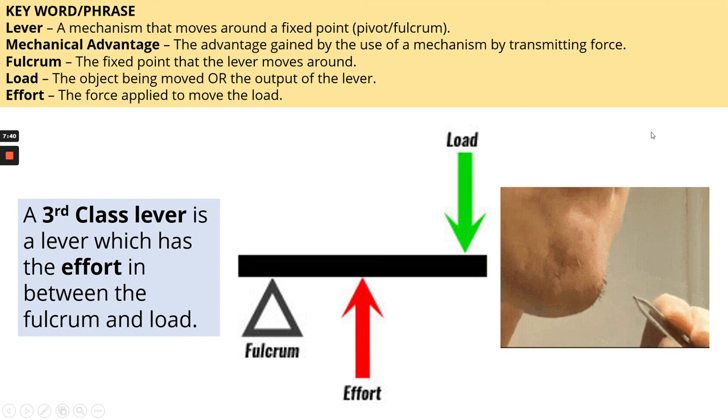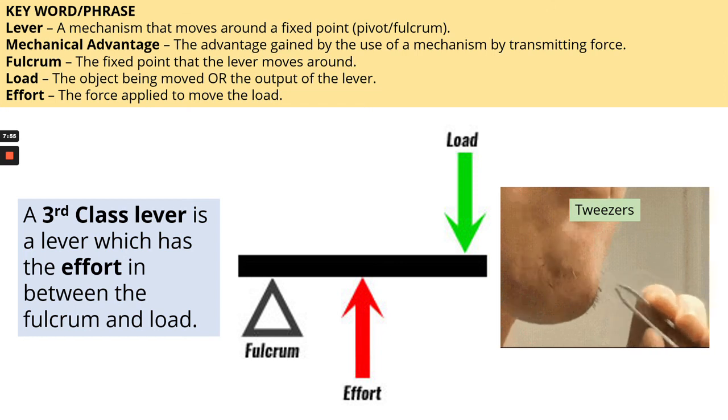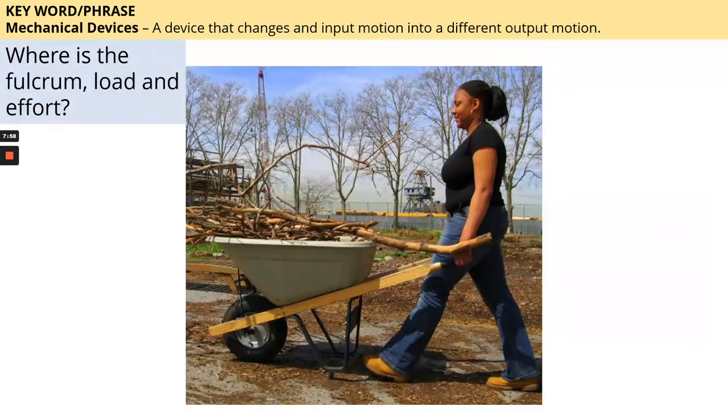That was a tricky one. Press play to find the results and what the correct answer is. For the chopsticks, you have got the load, the hand is the effort, that's putting force into the product to make it work, and at the back we have the fulcrum. Effort's in the middle, 1, 2, 3, F, L, E, E is 3, it's a third class lever.